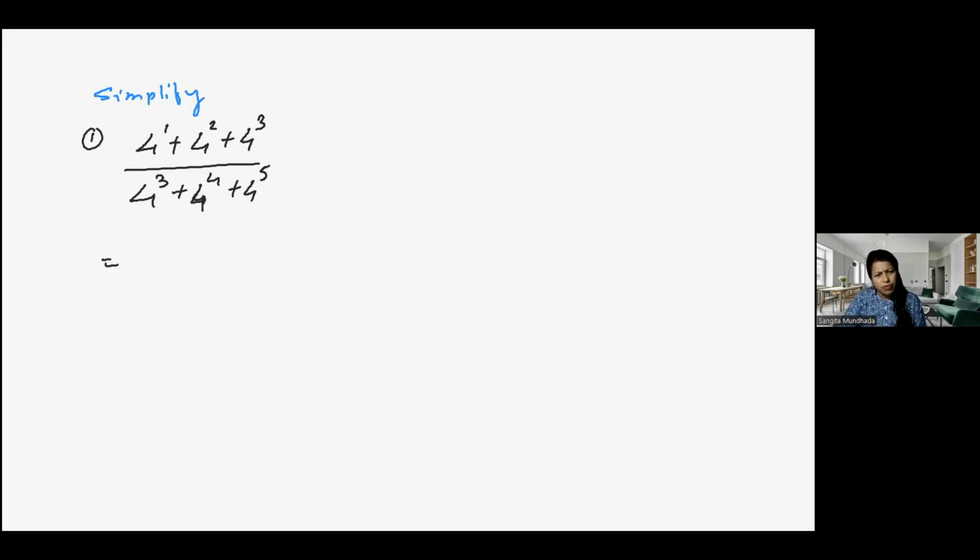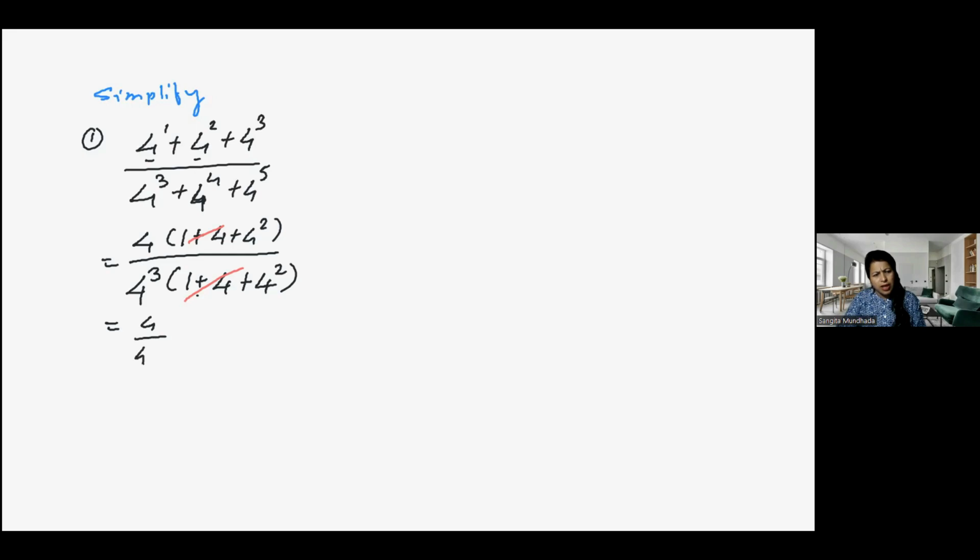We will take out 4 common from here. If 4 is common, inside 1 plus 4 square. And here also if 4 raised to power 3 is common, 1 plus 4 raised to power 2. So this same factor easily we can cancel. So what is remaining? 4 upon 4 cube.